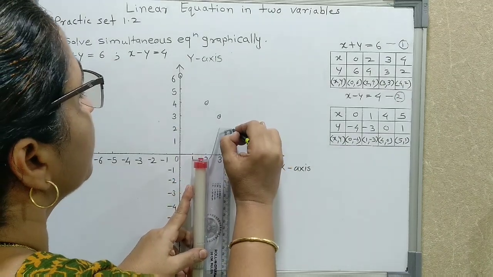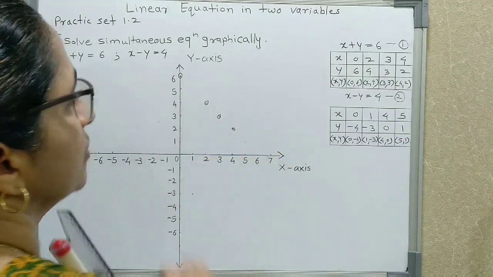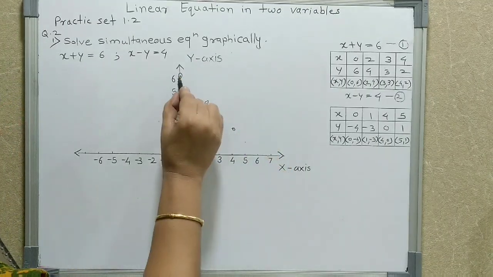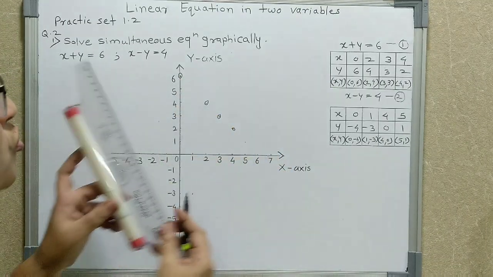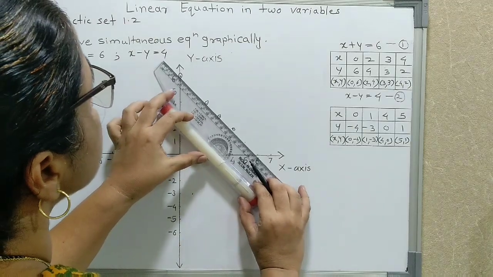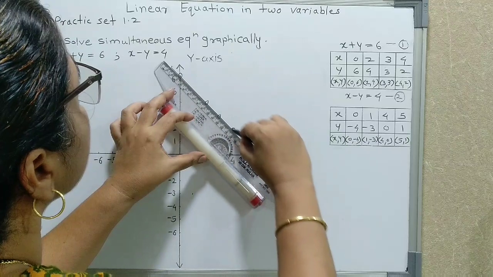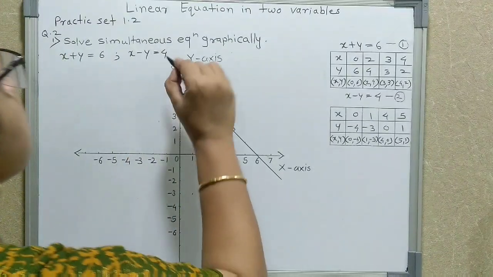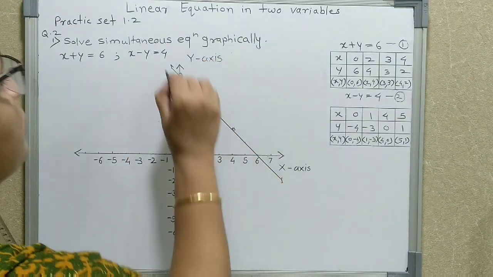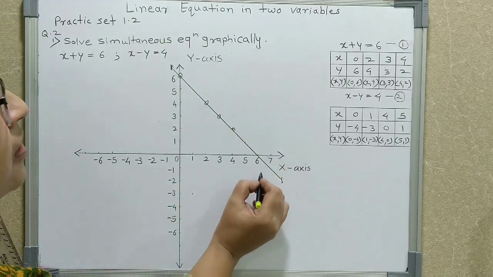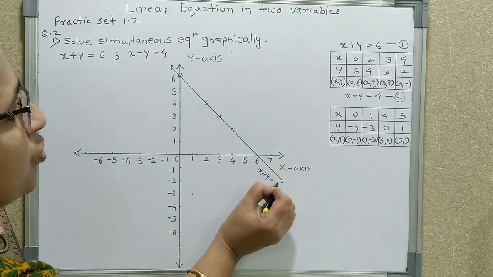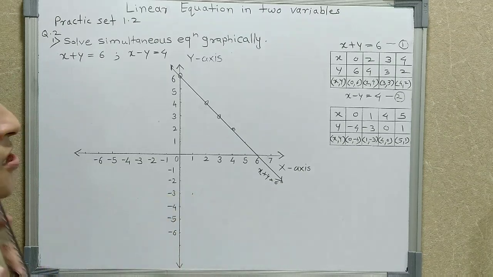So we plot the point here. Now these are the 4 points of the first equation. We draw the line of this equation. This is the line of the first equation. Now we write here x plus y is equal to 6.